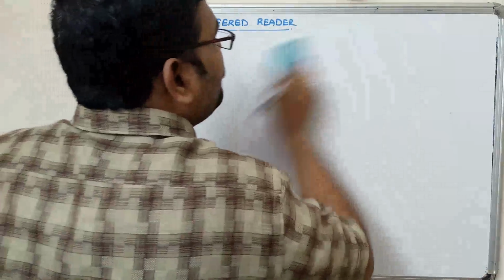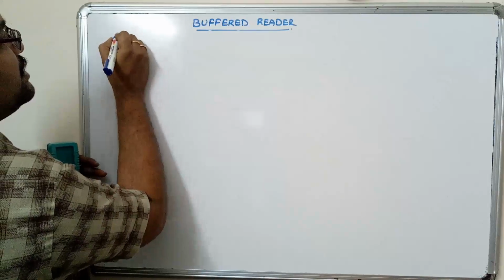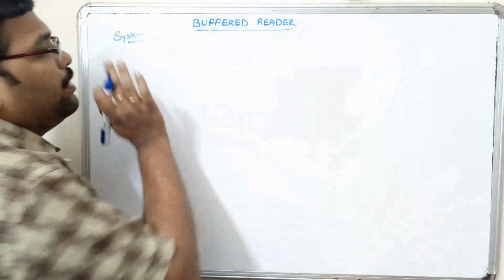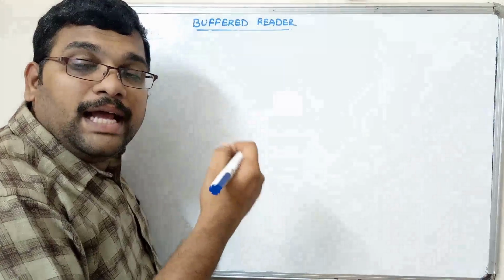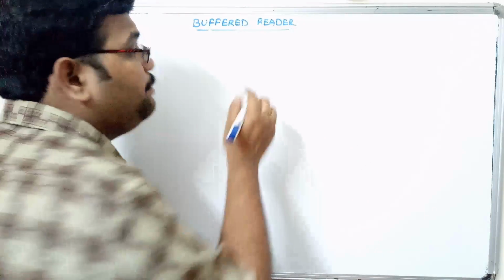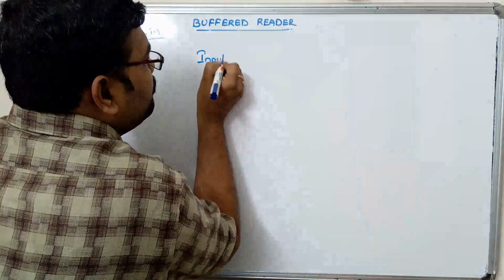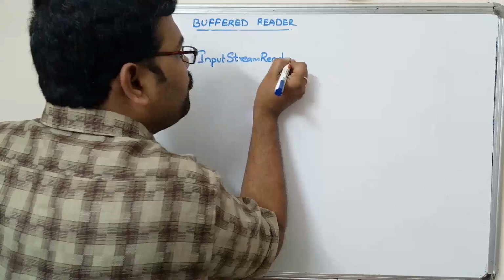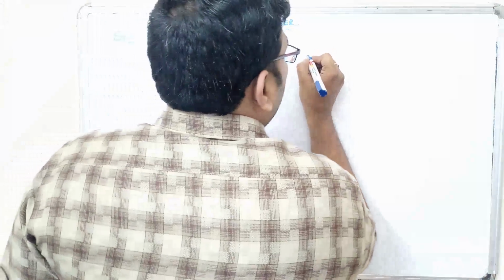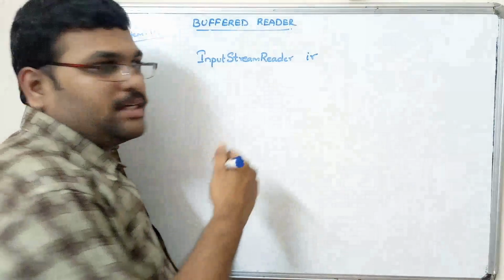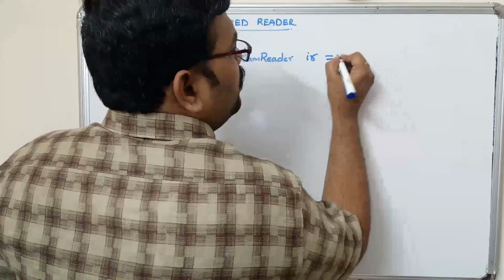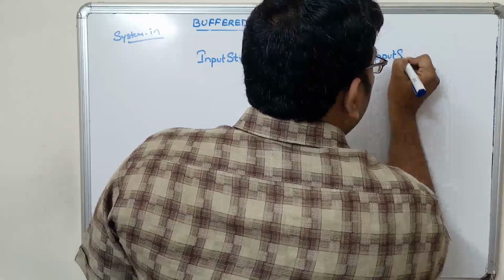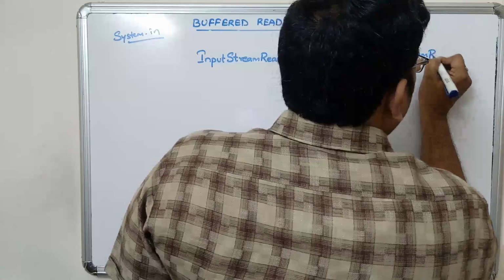In order to read the data by using BufferedReader, first let us use System.in, then we can use files. For System.in, first we have to read the data by using the InputStreamReader. Say IR is an object: InputStreamReader IR = new InputStreamReader.